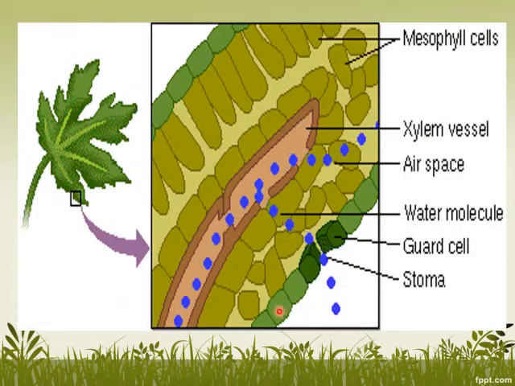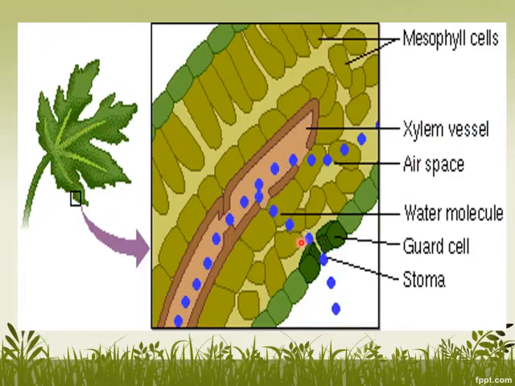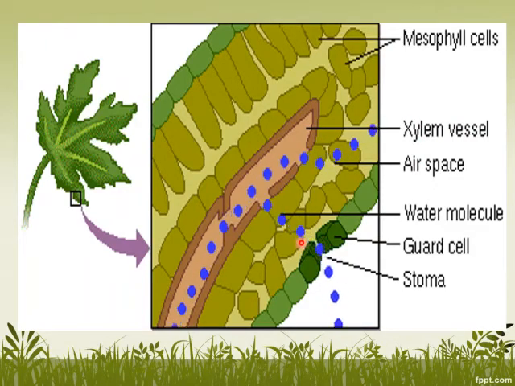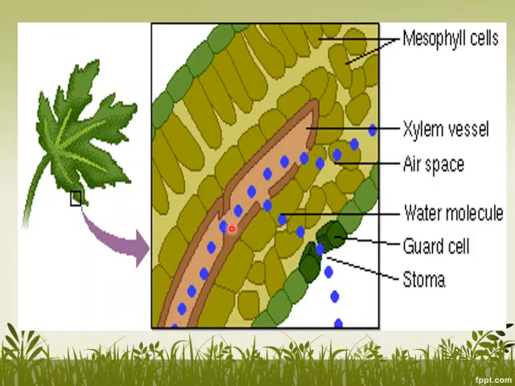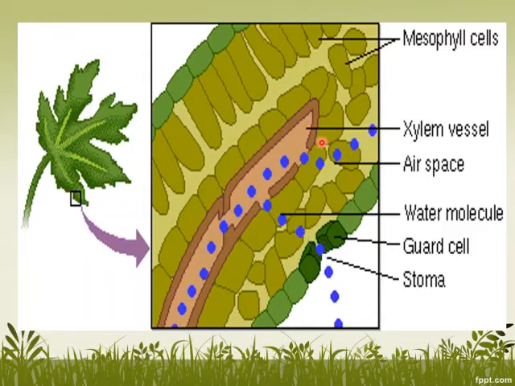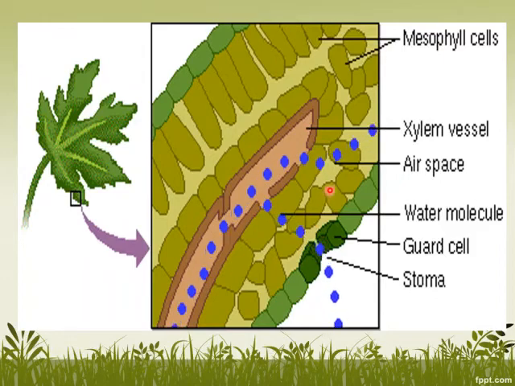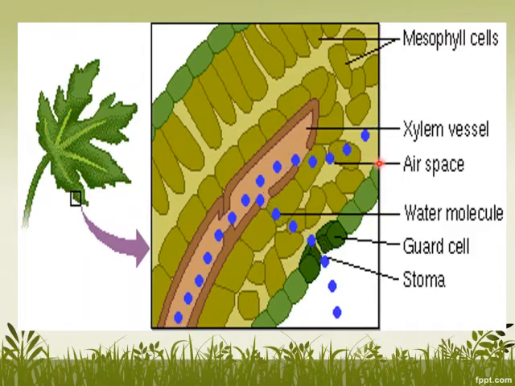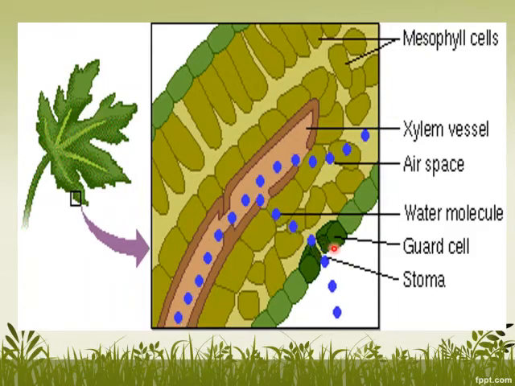Here you can see the magnified view of a leaf. You can see there is a xylem vessel, and the xylem vessel is meant for the transportation of water molecules. Here you can see the transport of water molecules occurring through the xylem vessels, and there are also air spaces in the leaves, as well as guard cells and stomata.